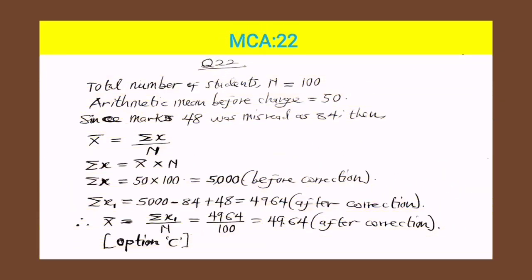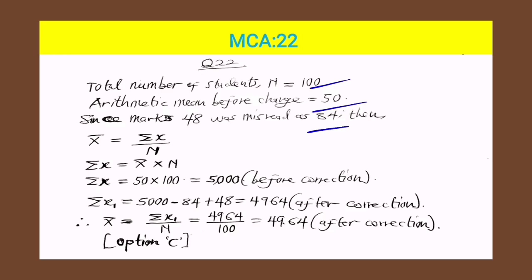So as I said, I had a total number of students to be 100, and the arithmetic mean was 50. Yeah, 50, and then 100. So I made that since marks 48 was considered as 84. Then to find the mean, we say summation x over N. So I want the summation x, the total marks, that I want to determine.